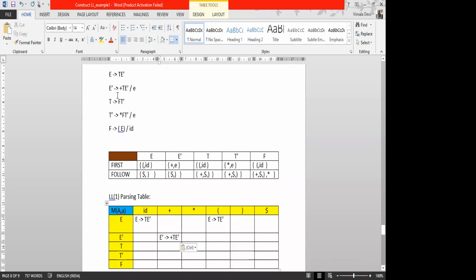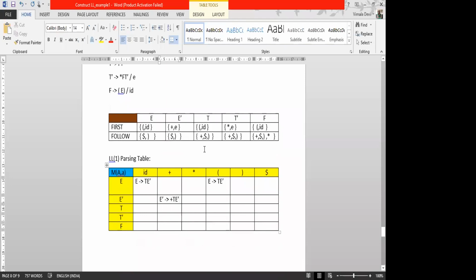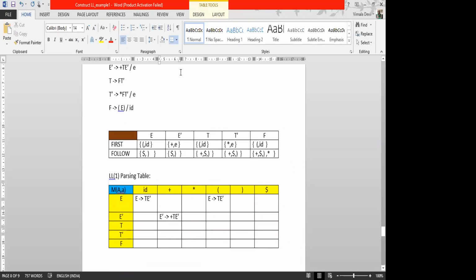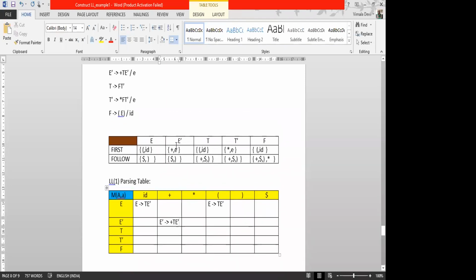Okay, next question is where to fill this E dash derives epsilon. E dash derives epsilon should be filled in the follow set of E dash. Are you understanding this? So where can I fill E dash derives epsilon? E dash comma dollar, E dash comma close parenthesis. There and all I have to fill the rule E dash derives epsilon.